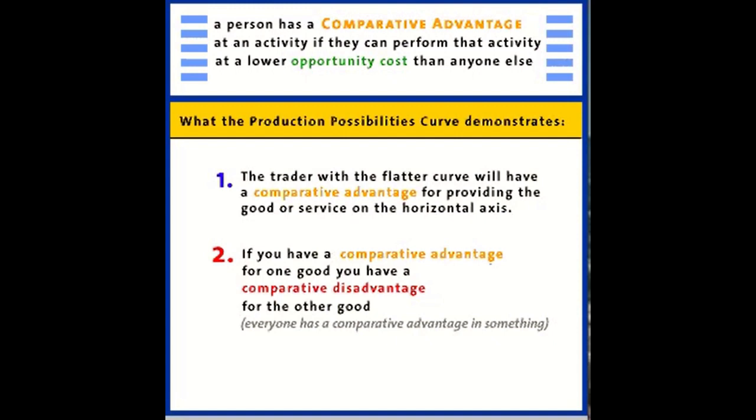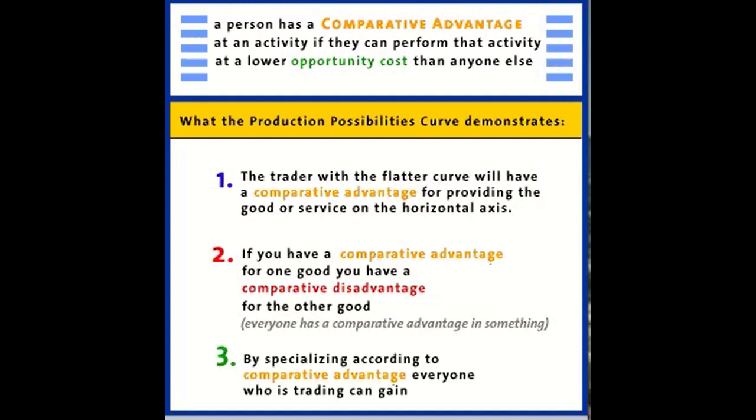The last thing to notice is that by getting together and trading, Bernie is able to make a deal that's satisfying to him. Before he was sweeping 2 rooms and scrubbing 2 rooms. Now that he's completely specialized in sweeping services, he would be willing to trade as many as 4 rooms worth of sweeping to get 2 rooms worth of scrubbing in exchange. That would put him right back where he was before.